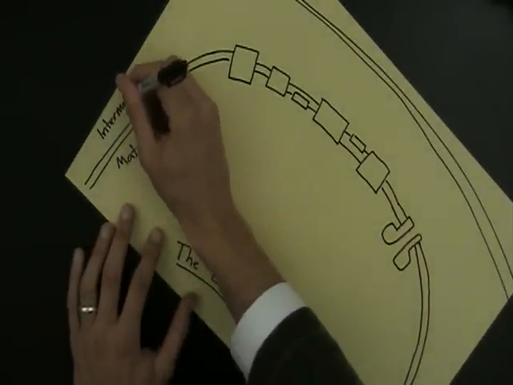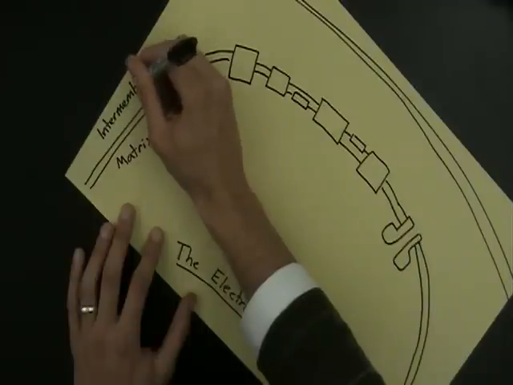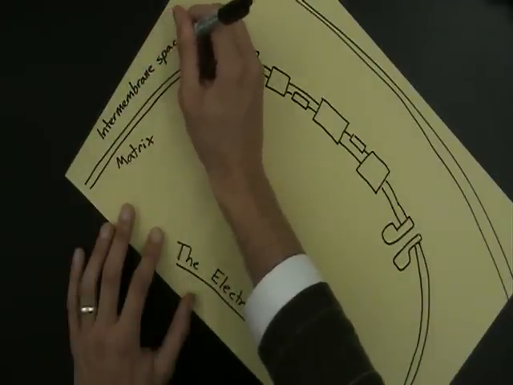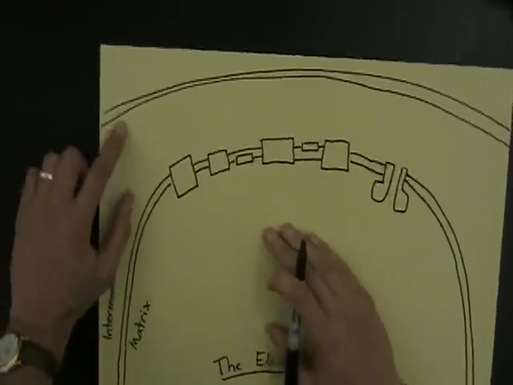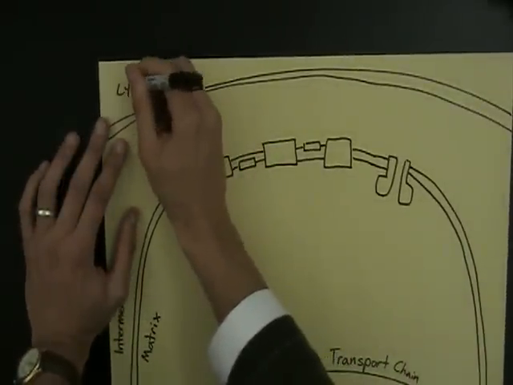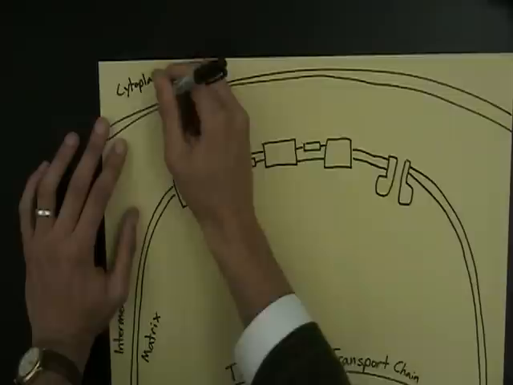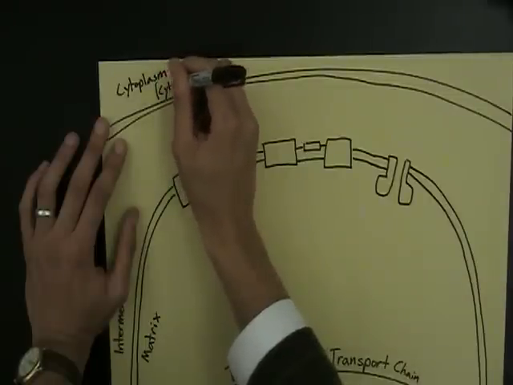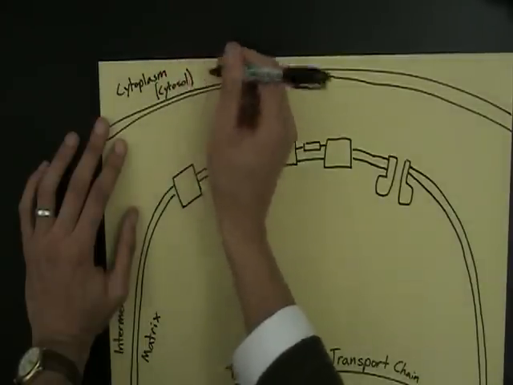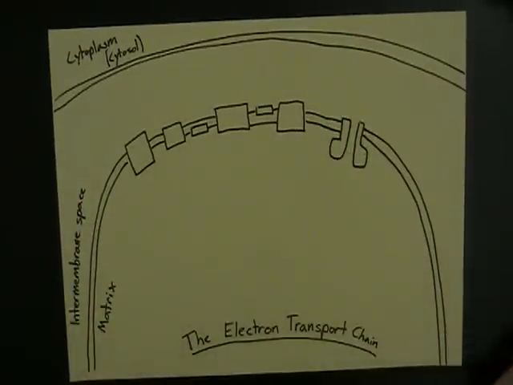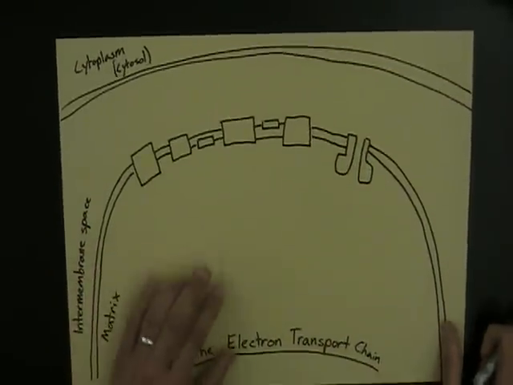Remember, inter means between two different things. And then of course we have the outer membrane and the cytoplasm of the cell, also known as the cytosol, outside. So we're looking just at one very small section of a mitochondria.